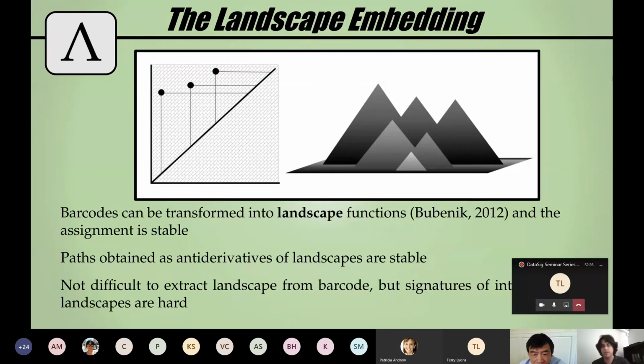It inherits all the lovely stability properties of TDA, but getting signatures of these antiderivatives of landscapes, at least a year and a half ago when we were working on the paper, was difficult to do. The reason being, it's no longer piecewise linear. The landscape itself is piecewise linear, so when you integrate it, you get something piecewise parabolic. And if any of you knows a good way to integrate piecewise parabolic paths, please let me know. I would be very happy to try this out.